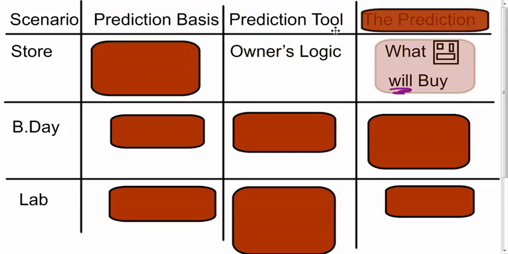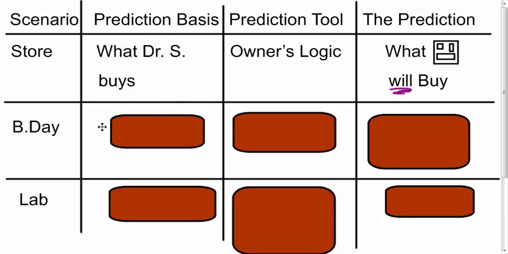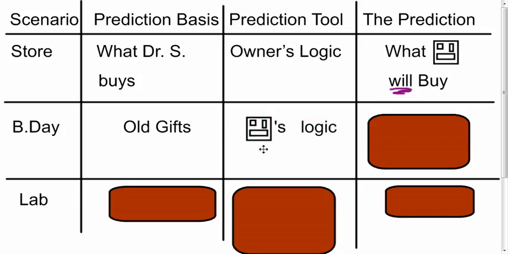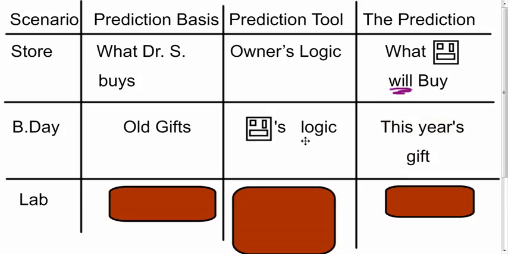Now, for the birthday, the prediction basis was the old gifts. The tool was Dr. Square's logic based upon his old gifts, and Dr. Square was able to predict what this year's gift would be.